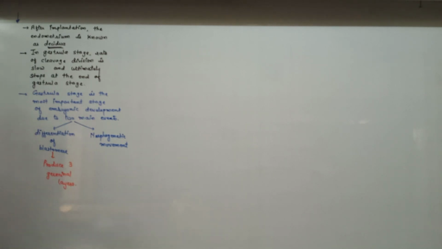You know that we are triploblastic: ectoderm, endoderm and mesoderm. The formation of these three germinal layers is very important in this event because from these three germinal layers the whole body is generated.